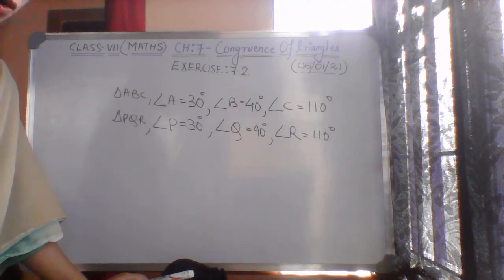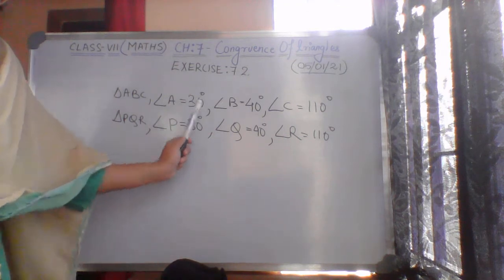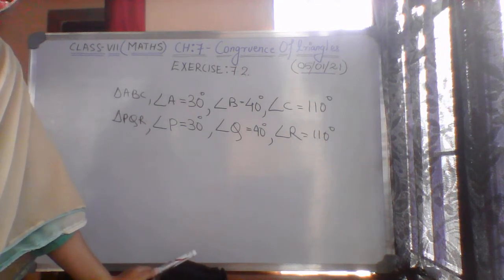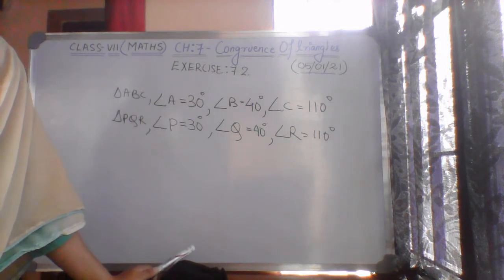And this is the question: a student says triangle ABC is congruent to triangle PQR by angle congruency. Is he justified?